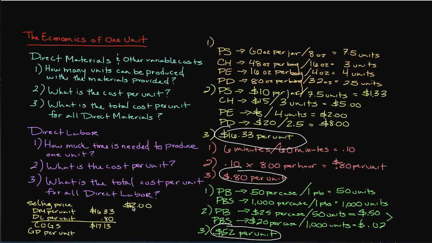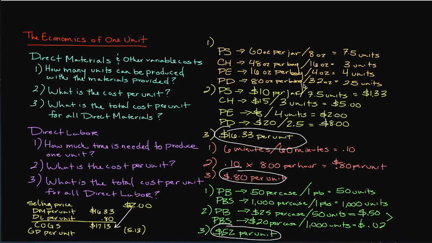And so what we essentially do is we take this $12 and we subtract it, reduce it by $17.13. And so that is going to get us negative $5.13, which I'm going to show in parentheses. So 5.13, that is a negative number.